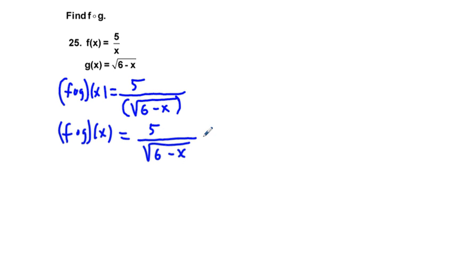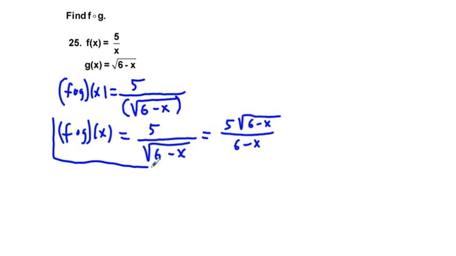And for me, this is good enough. If you want to rationalize this thing, you can multiply the numerator and denominator by square root of 6 minus x and get 5 square root of quantity 6 minus x over 6 minus x. And that's the way the book gives the answer. To me, this one right here is good enough.